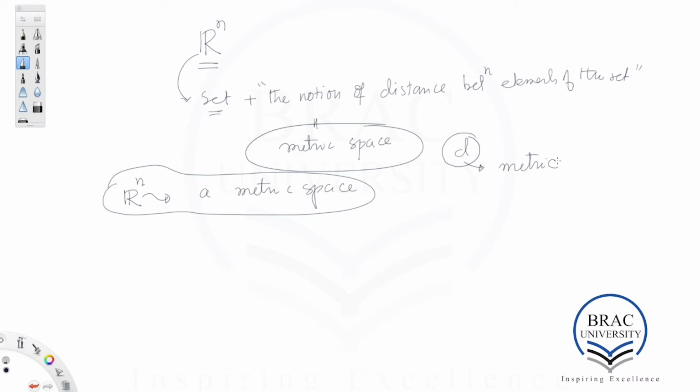So now we can define open sets in this Euclidean space Rn, which is equipped with the standard metric that we wrote in the earlier slide.